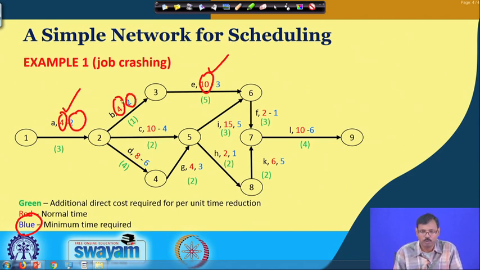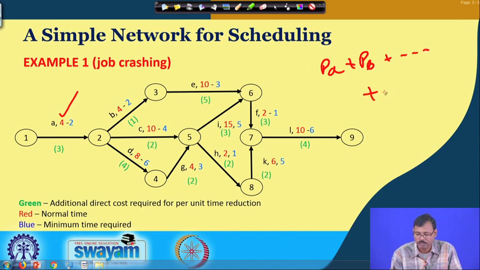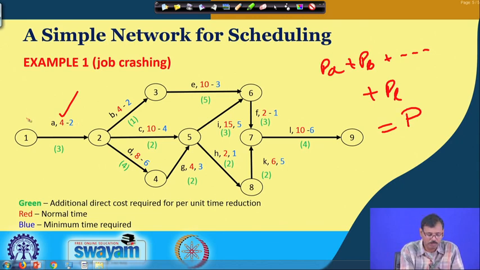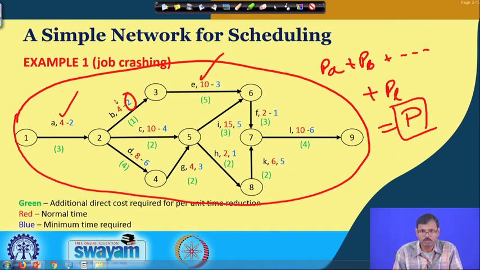That means, this is the normal time which we have considered, for which we have calculated direct cost, and that direct cost for all the activities is summed, and that we are considering as the P. So, the direct cost of this total network, considering that the jobs will be completed in the normal time, is P, and the minimum days required to complete those jobs are given in blue color, and the cost of crashing per day is given in green color.